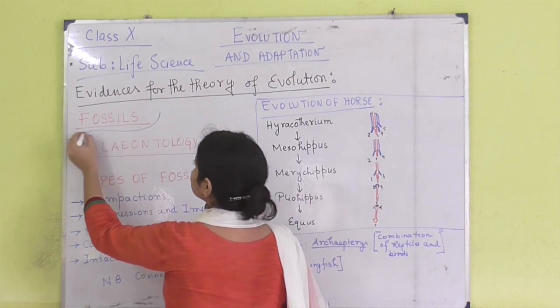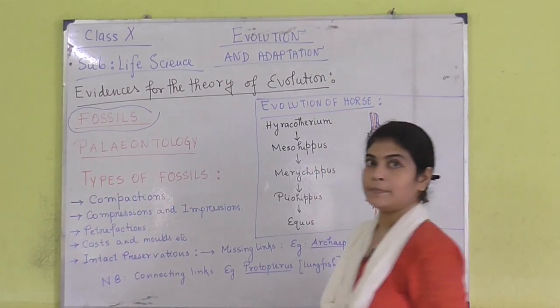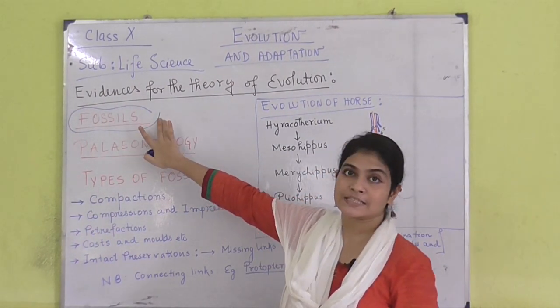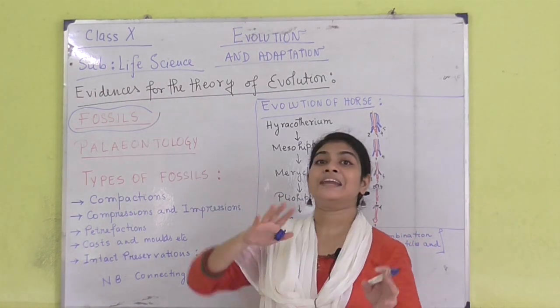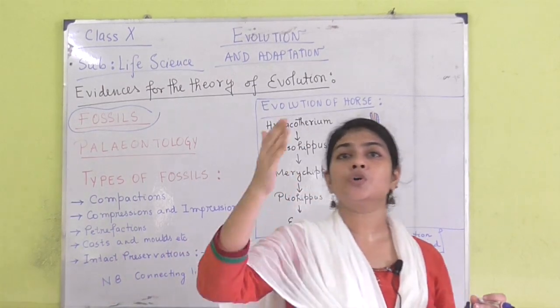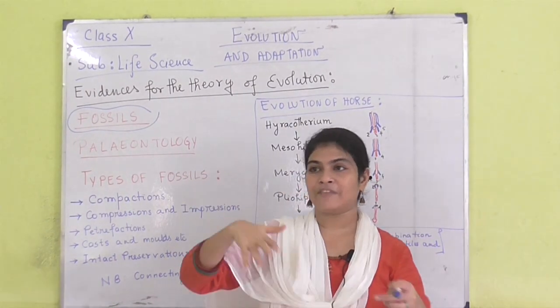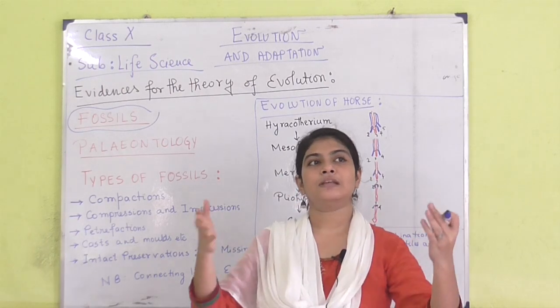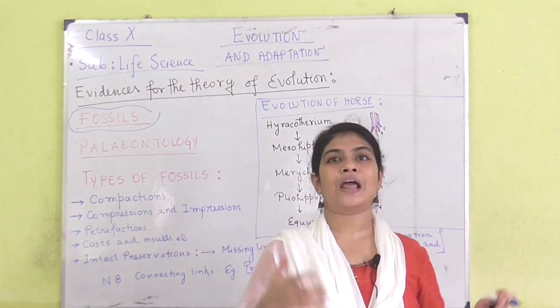the number one thing that comes to our mind is fossils, because we know what fossils are, right? Fossils are the dead remains of organic plants and animals, preserved in course of time after they died. Suppose in a particular area there were different types of flora and fauna present.